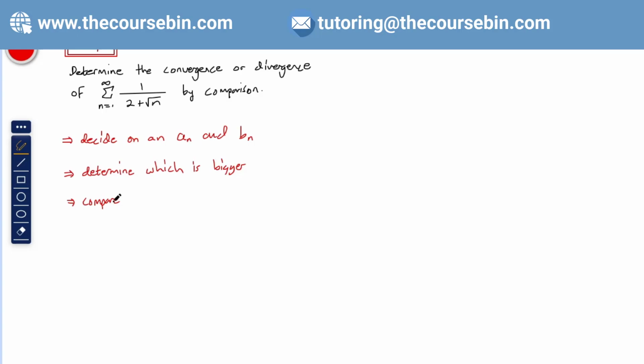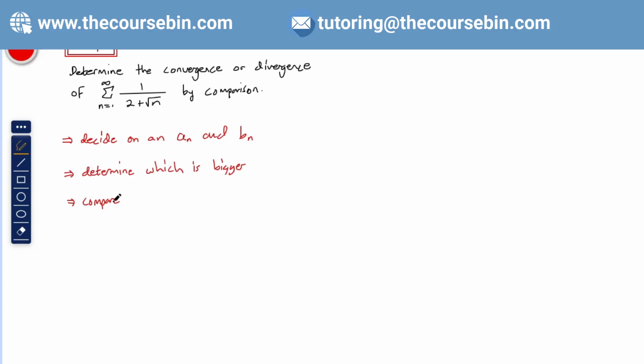No, we just created the new function, or rather a new series, without the 2, and said, well, this one is bigger. So let's see if this one converges, and it did. And that proved that the other one converges.